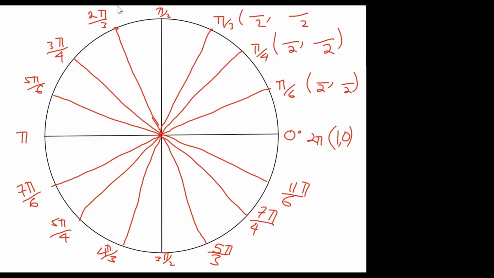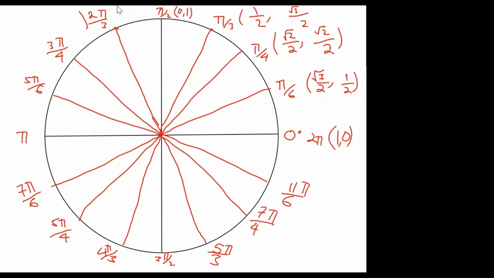Now for the x-axis, we go this way: square root of 1 is 1, square root of 2, and square root of 3. This time for the y values we go the other way: 1, square root of 2, square root of 3. That is cosine and sine. And that is 0, 1.